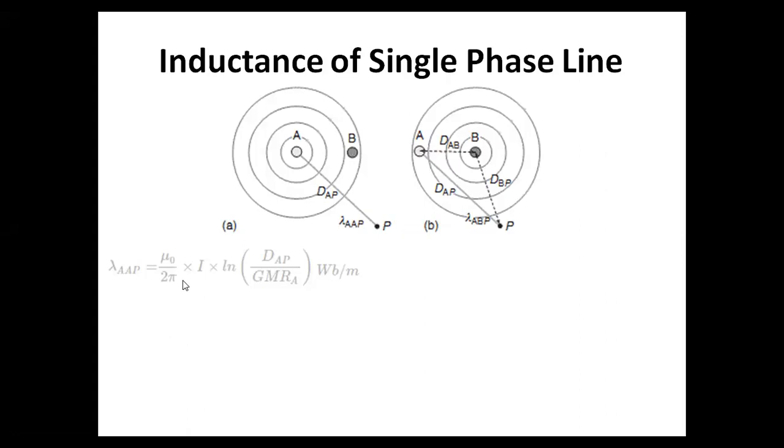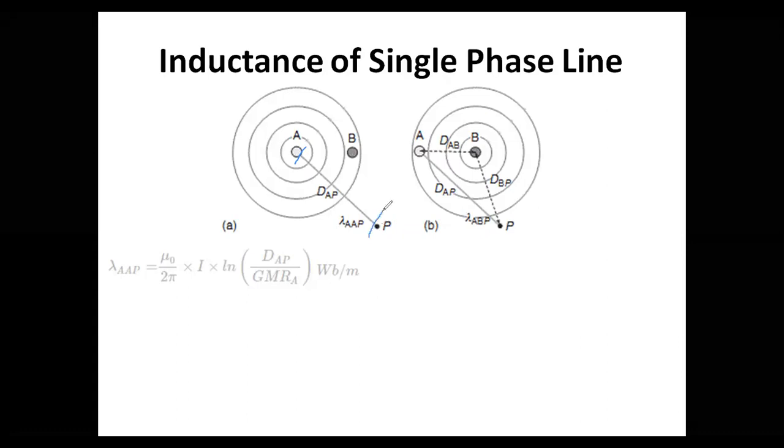Now, the flux linkages in conductor A to P: first lambda AAP is mu naught divided by 2 pi I ln DAP divided by GMR A. Here we are considering D1 equal to the radius RA, and D2 is the distance DAP. The expression, you know, is 2 into 10 to the power minus 7 into I ln D2 by D1.